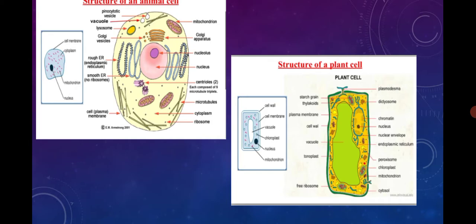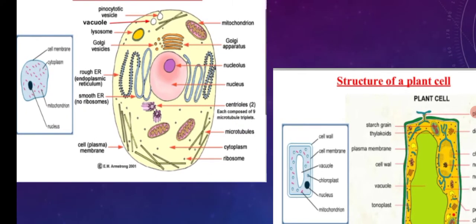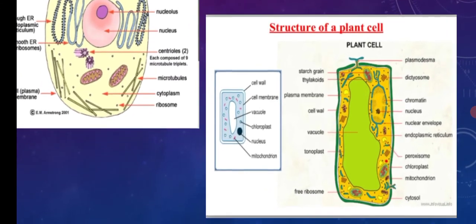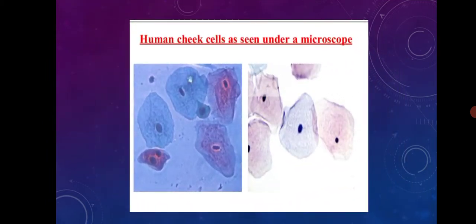In the animal cell, Golgi complex is present, but in the plant cell it is known as dictyosome. Here you can see the animal cell, that is the chick cell. You can see in this cell the clear nucleus.